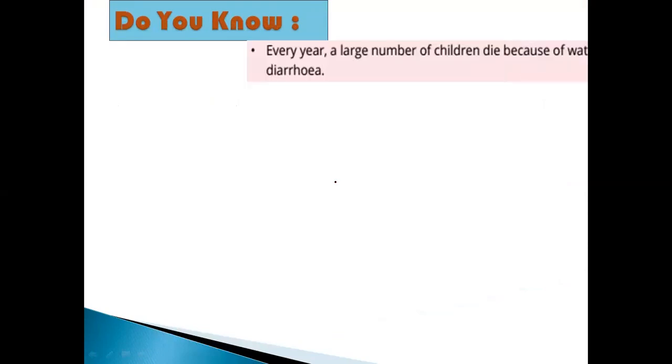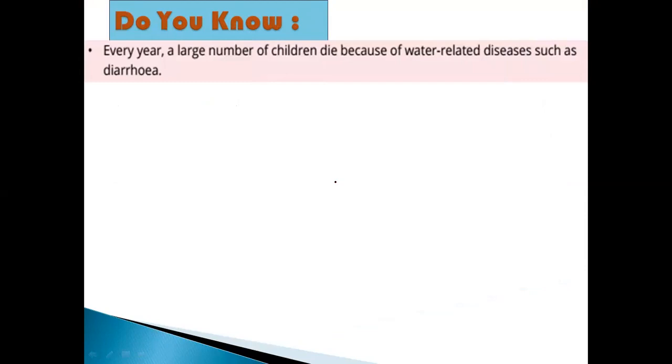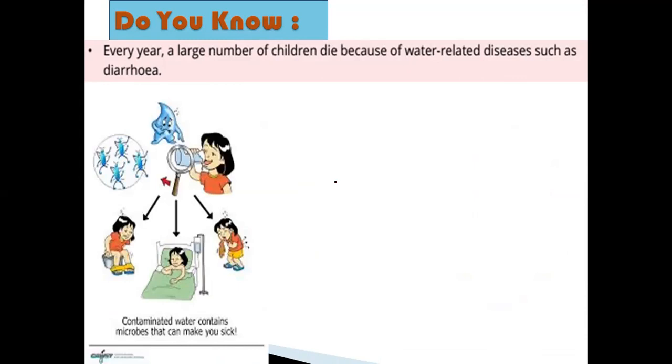Okay, so one more interesting fact is that every year a large number of children die because of water-related diseases such as diarrhea. Lots of children die due to this problem, because the fresh water which is available for drinking is not actually suitable for drinking, since due to water pollution lots of chemicals are added to that water.